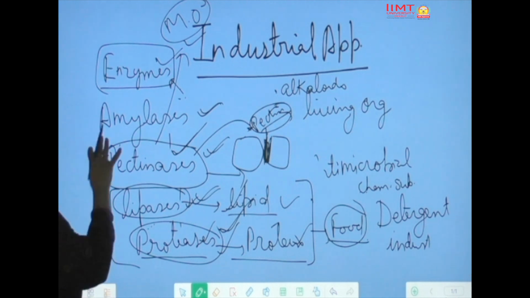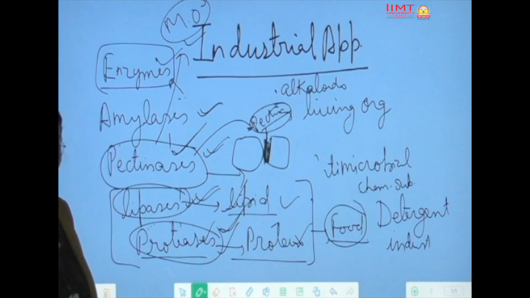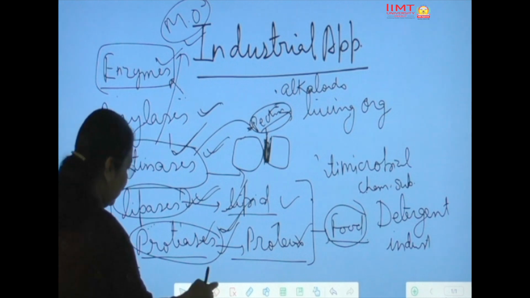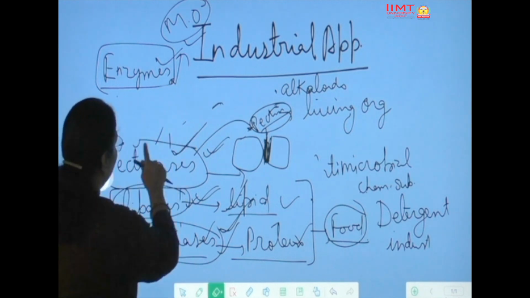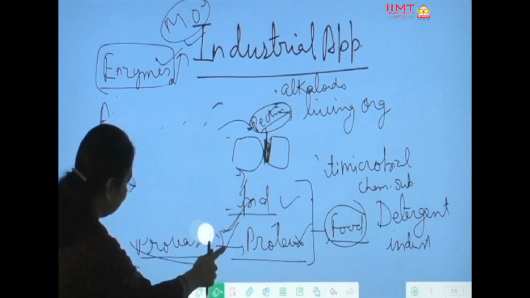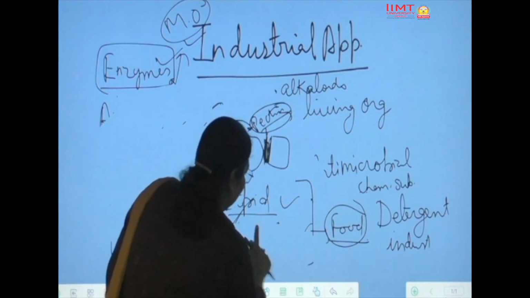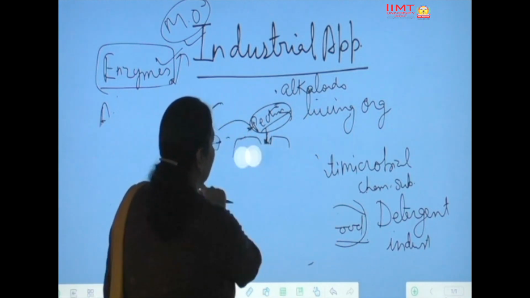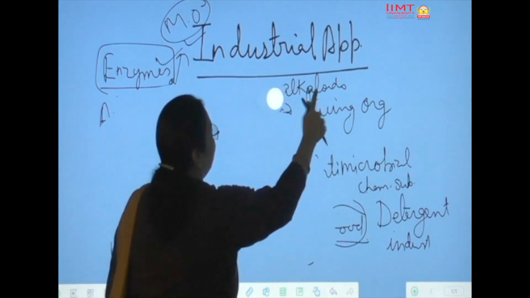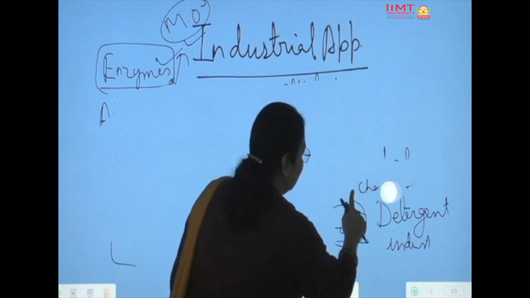So all these enzymes, all these products have applications. First of all we talk about the enzymes. Pectinases, lipases, proteases are all produced by organisms, and fungi are a very nice producer of extracellular enzymes.